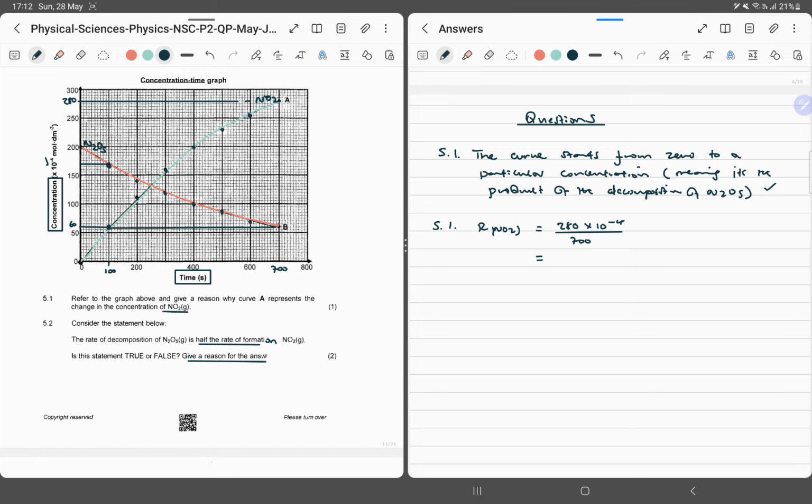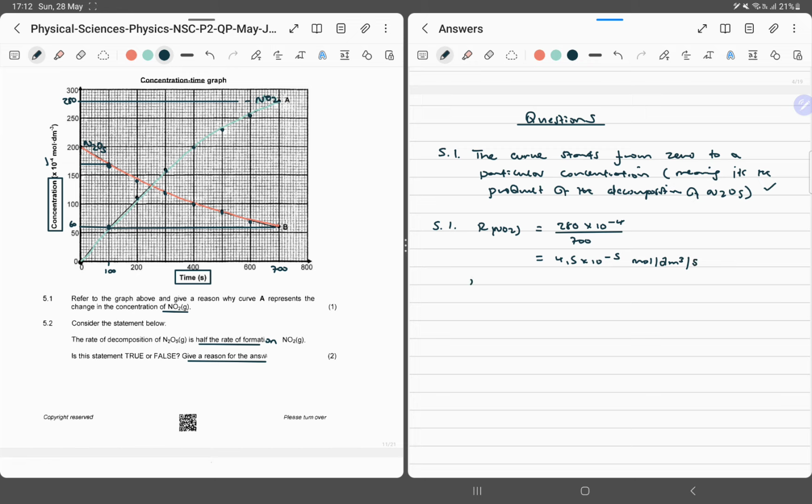So let's see. Unfortunately, these kinds of questions, there's no beating around the bush here. You just have to do what you have to do, and you just live your life as best as possible. So here I'm getting a 4,5 times 10 to the minus 5 mole per decimeter cubed per second. Okay, so that's what we are getting there.